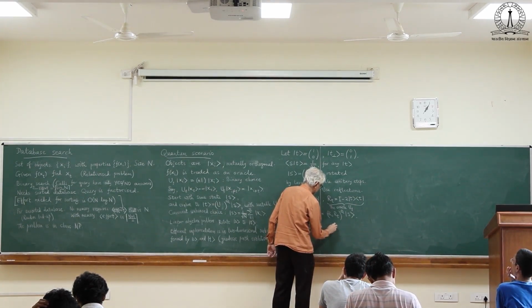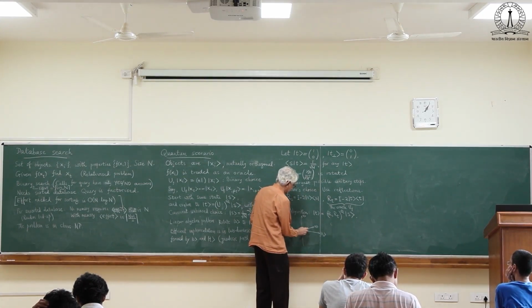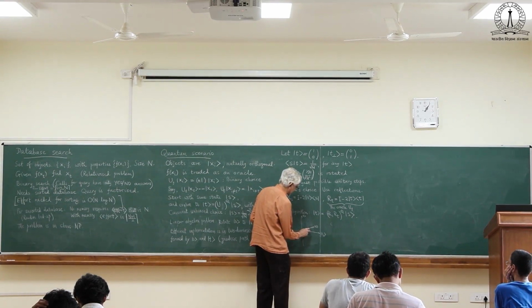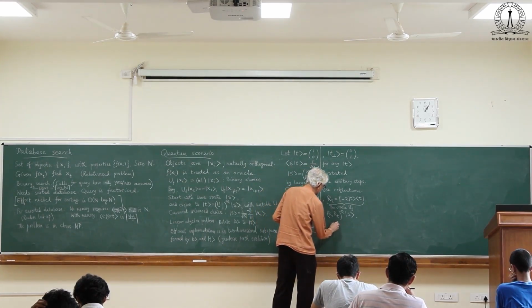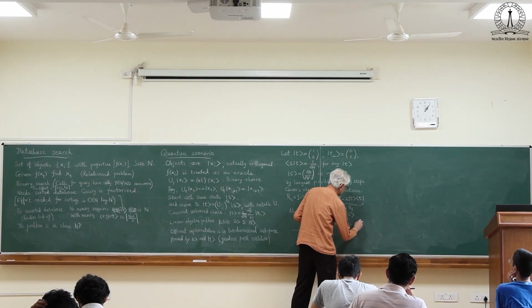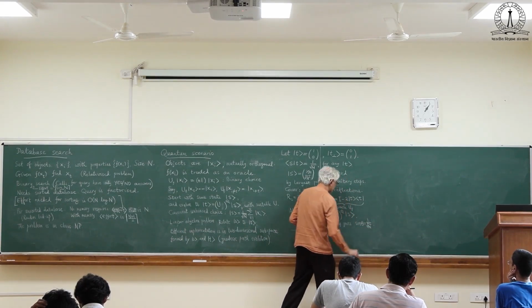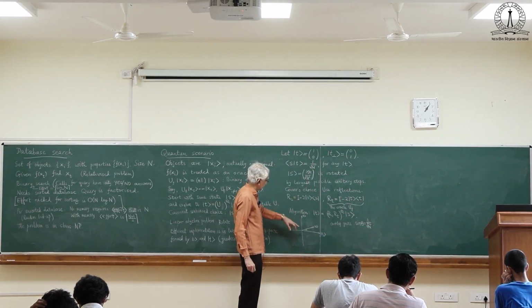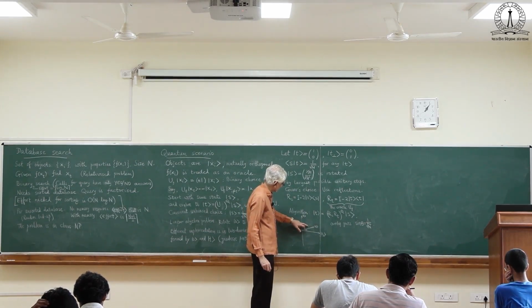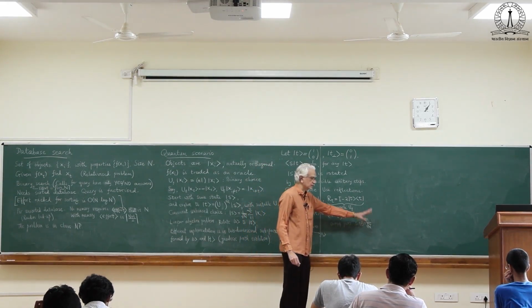So let me write an angle. So this is a cosine of this angle. It's convenient to write it in terms of this particular angle, which I'm going to call theta. So it's a dot product. The dot product of these two will give the cosine of this angle, which is equal to sine of this angle, and that is 1 by root n.